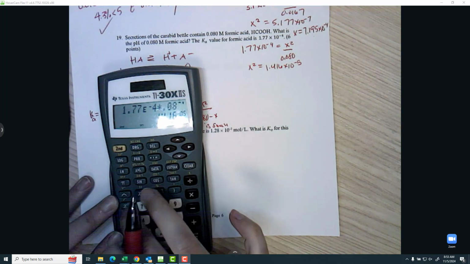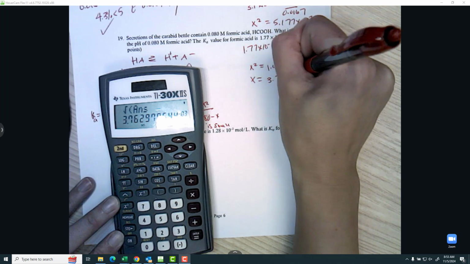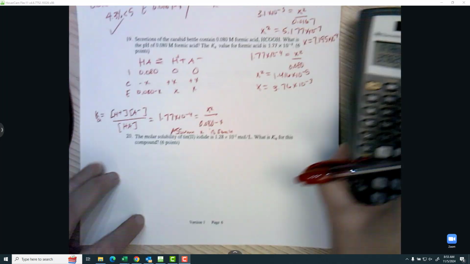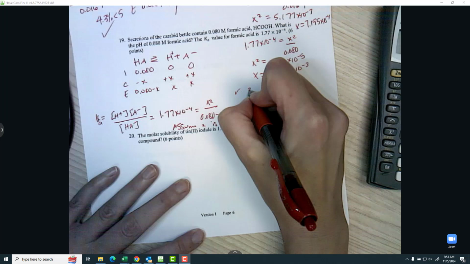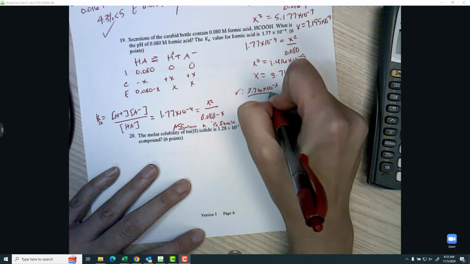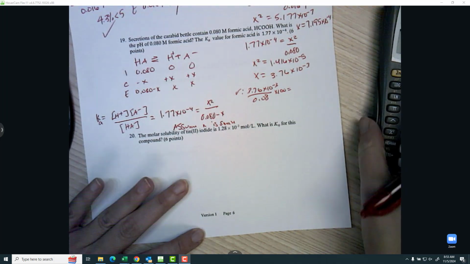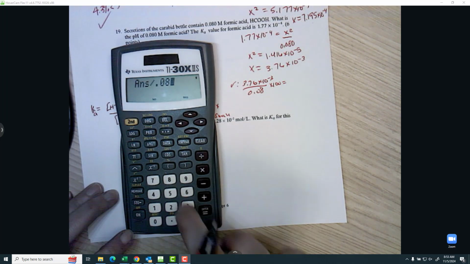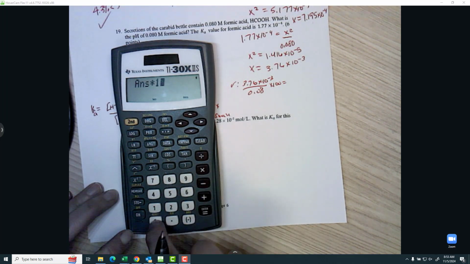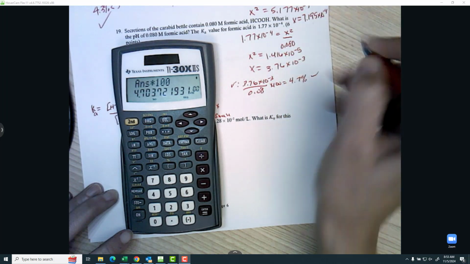And take the square root. And then again, I want to check that x is small. Okay, it's even less small than the last one, but it's still less than 5. We're still going to call it good.